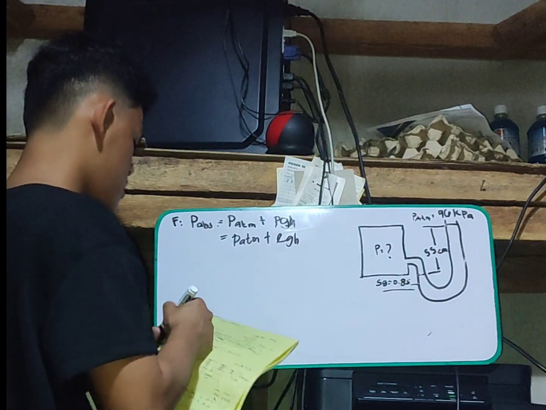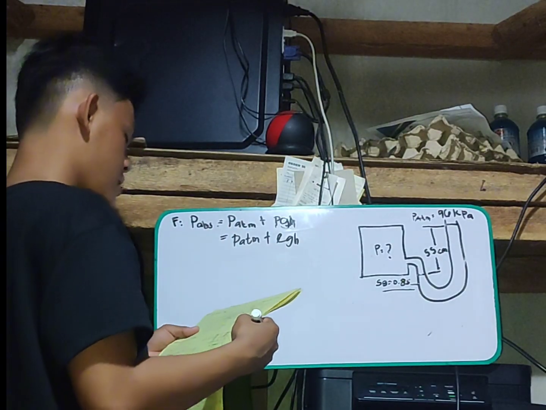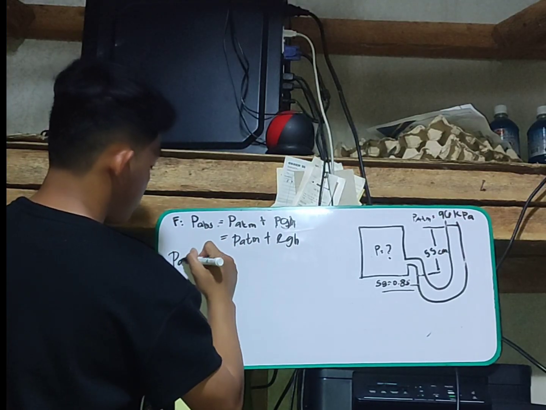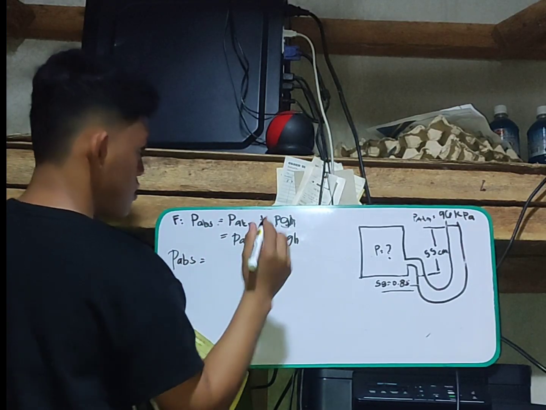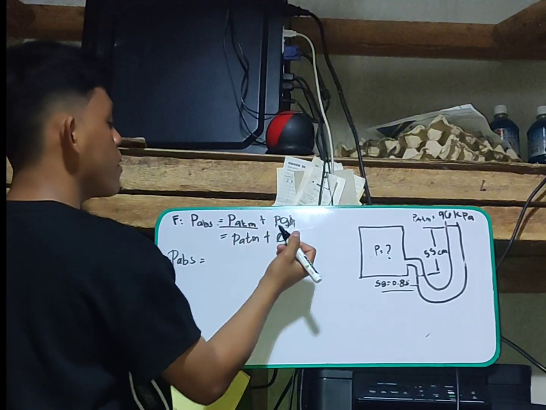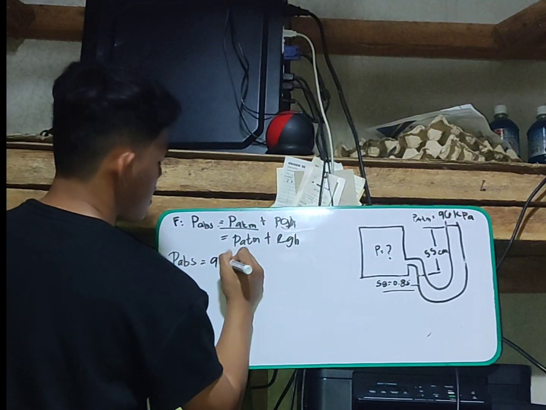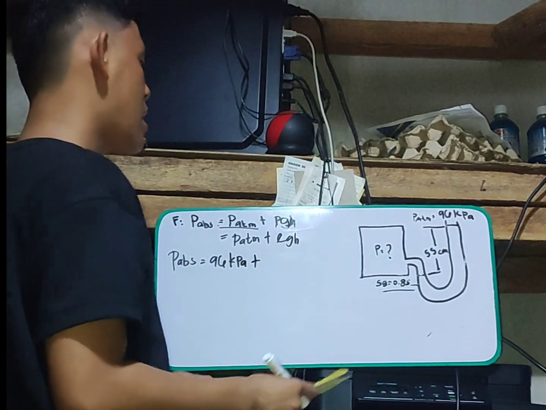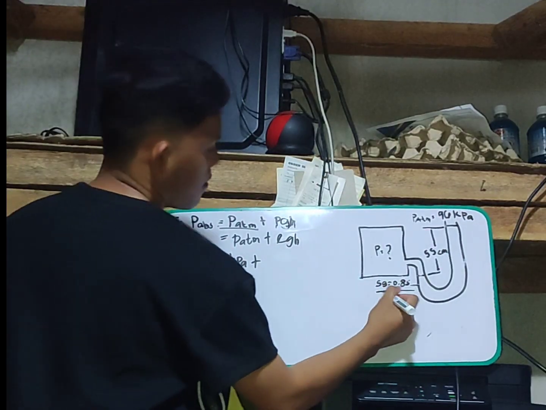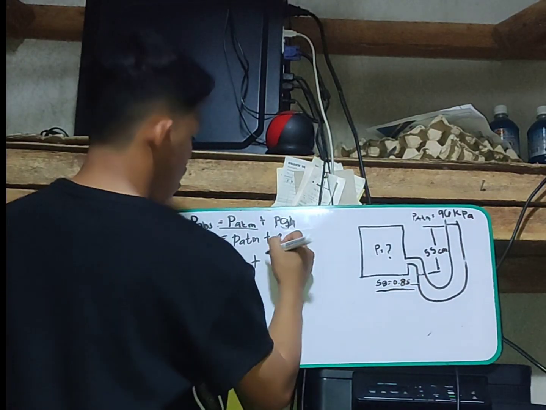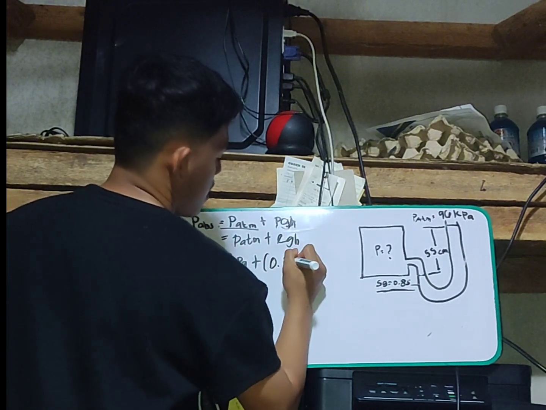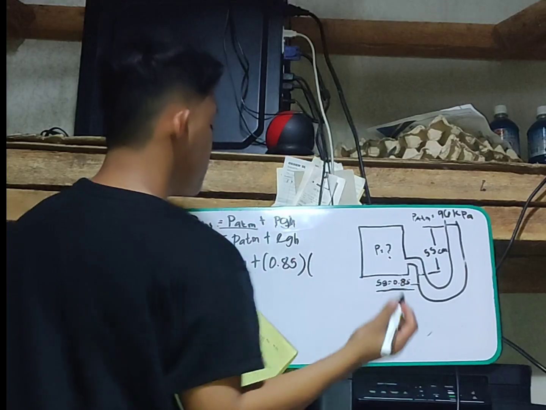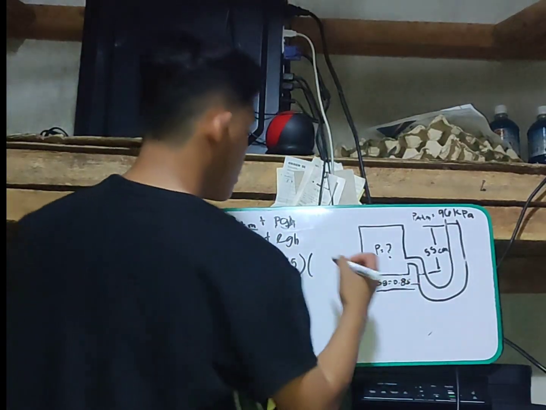Next is, using this formula, we have absolute pressure is equal to our atmospheric pressure, which is 96 kilopascal, plus our fluid density of water.